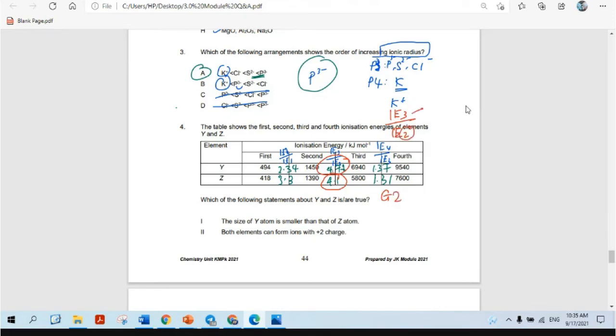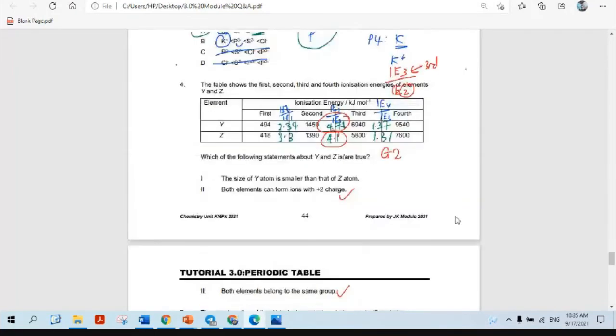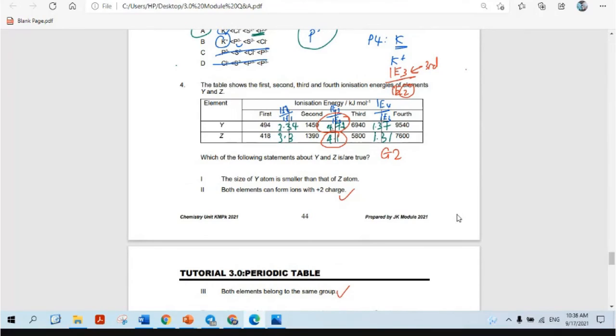And the third electron is from the inner shell and completely filled. Now we check, with positive 2, correct? I check for the easiest: belong to the same group, yes. Now we go back to question 1. Y is smaller because of higher IE. Higher IE, smaller. So the answer is 1, 2, 3.